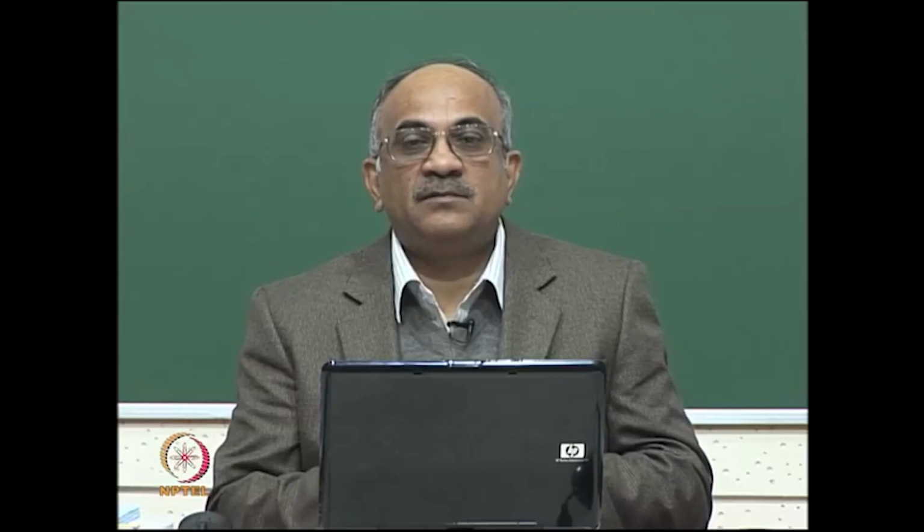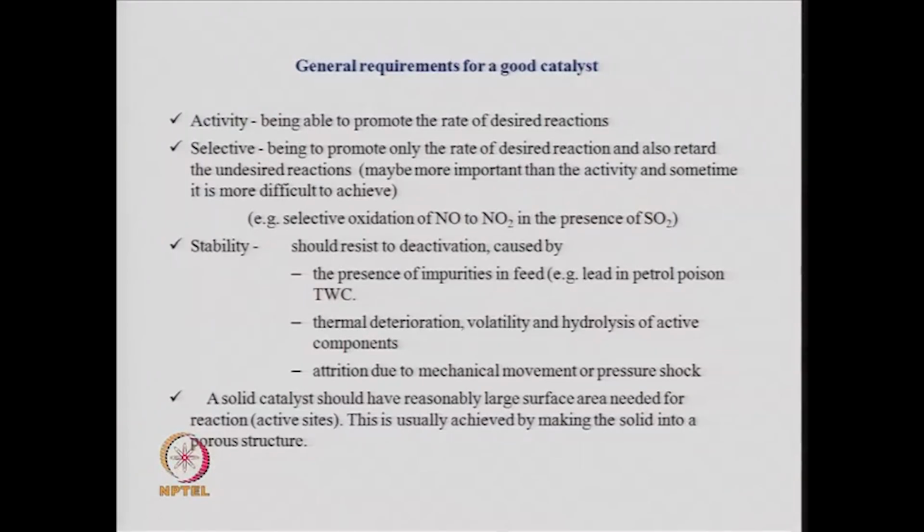The activity will be very high when the surface area of the catalyst is very high, and typically you use very fine particles as catalysts. The reason is you want to have high surface area. In addition, you can enhance the surface area by making the solid into a porous structure. If you have a porous structure, the surface area again will be very high and you will have high activity of the catalyst.